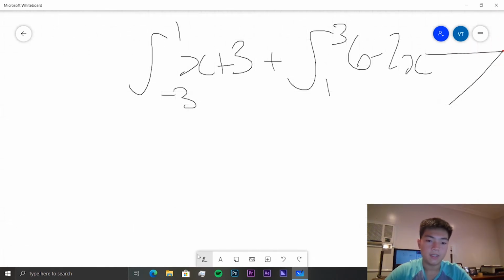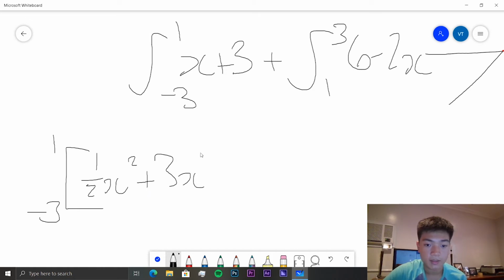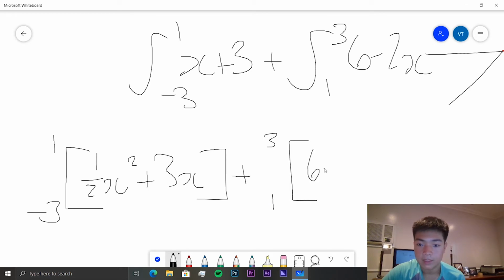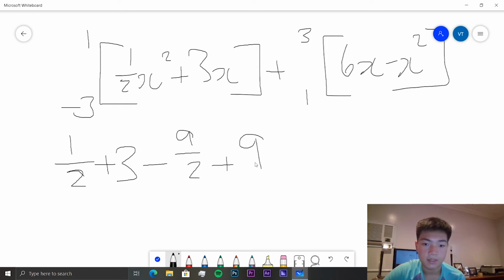So let's integrate this. This is what we use to notate once we've already integrated the function, and now we have to evaluate the limits: 1/2 x squared plus 3x from -3 to 1, plus 6x minus x squared from 1 to 3. So this is equal to 1/2 plus 3 minus 9 over 2 plus 9, it seems.